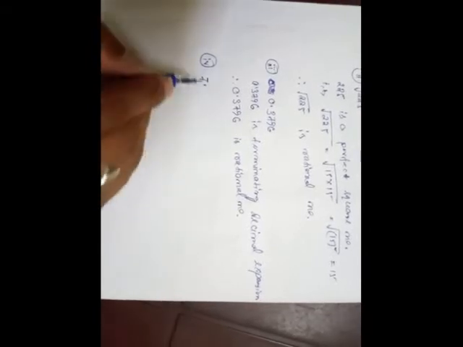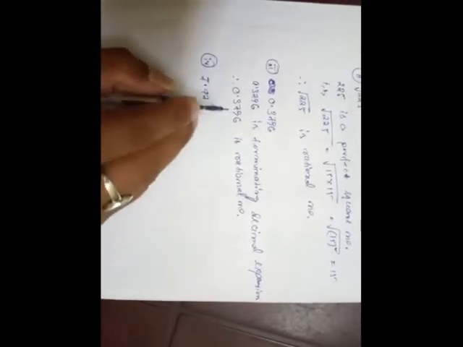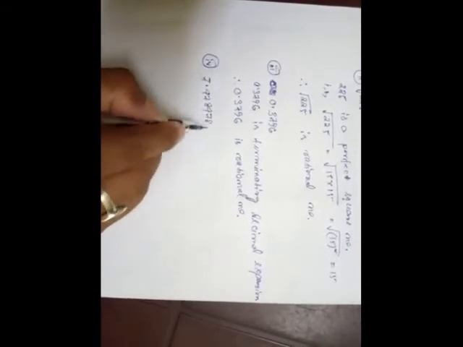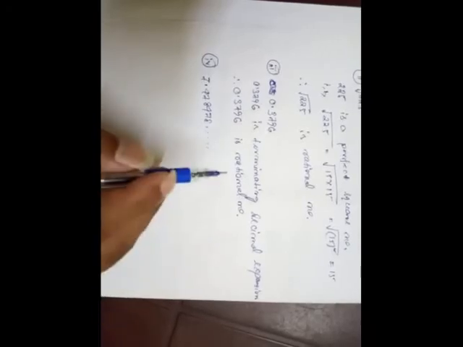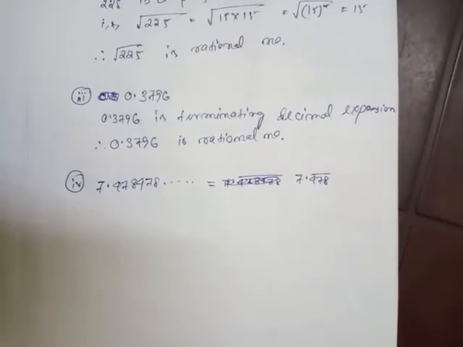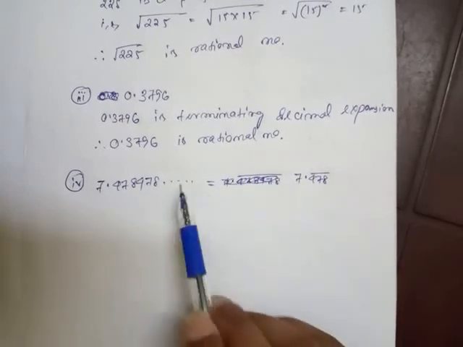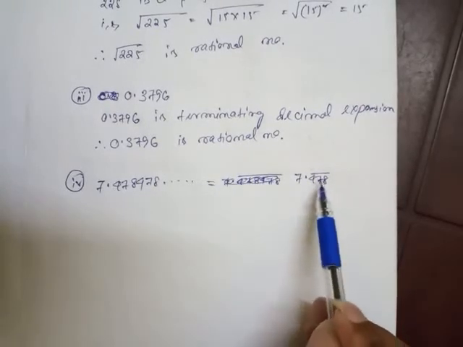Next one, Roman 4 is given here 7.478478..., which means, now look student, this is equal to 7.478 bar.